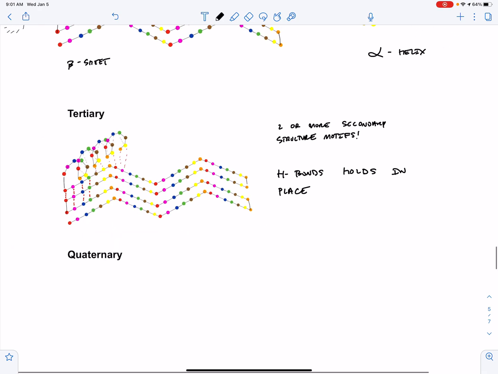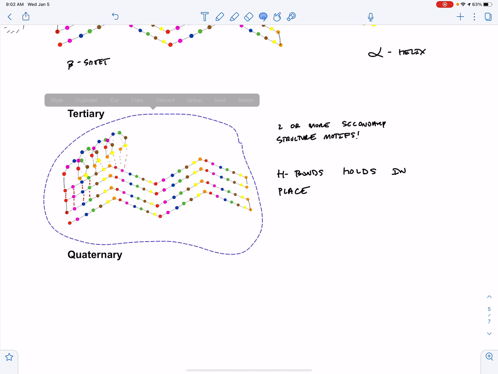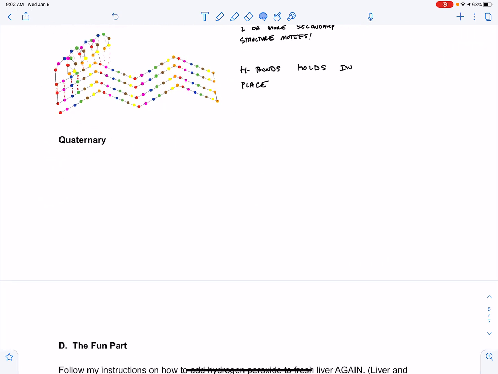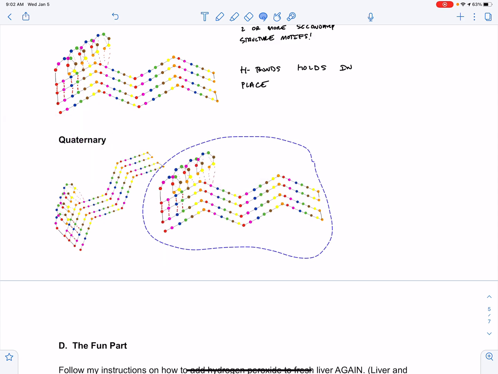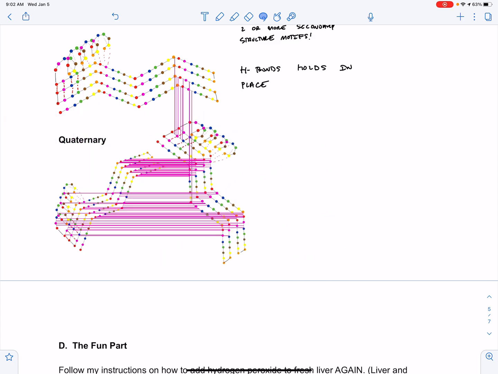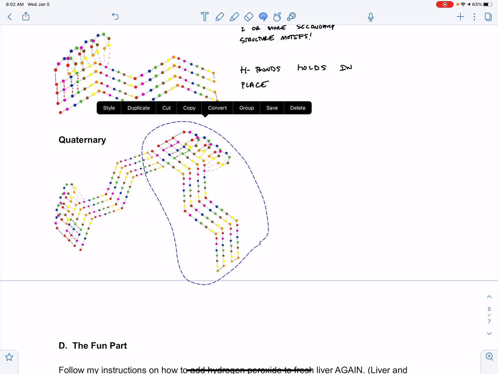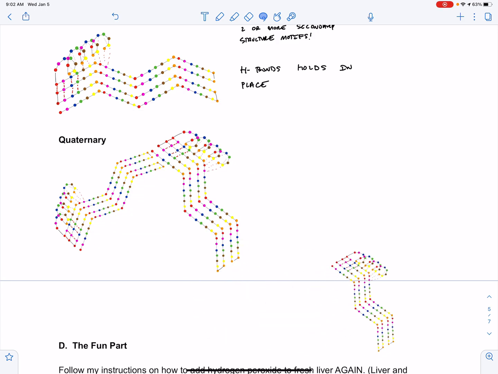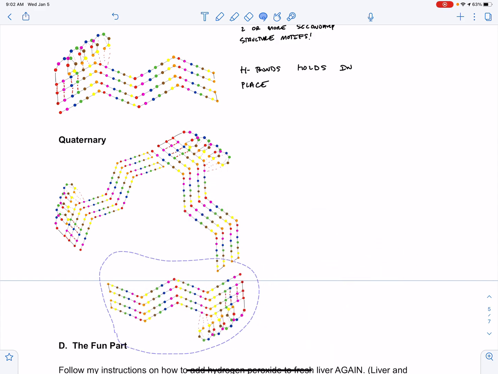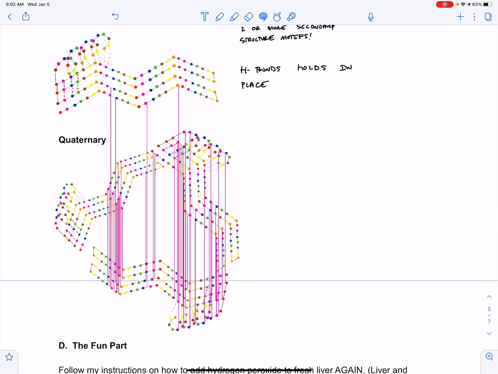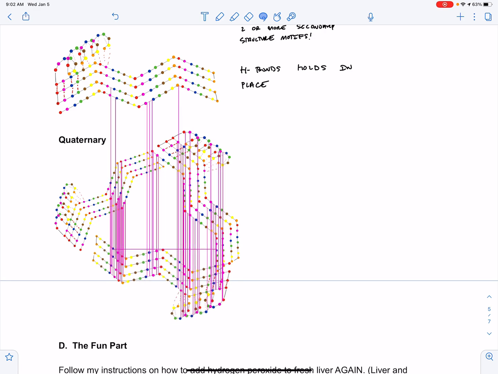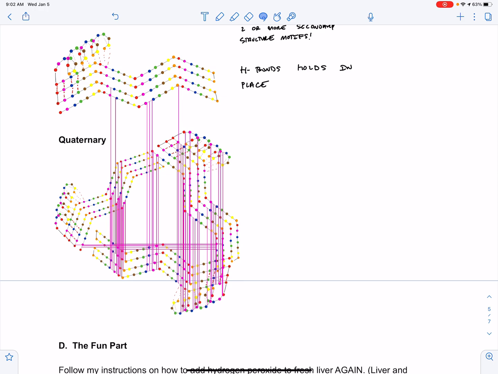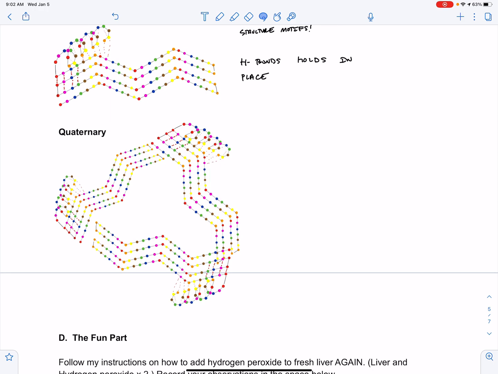And then finally we come to quaternary structure here. And quaternary structure is when we have two or more tertiary structures interacting with one another, forming subunits of a larger protein.